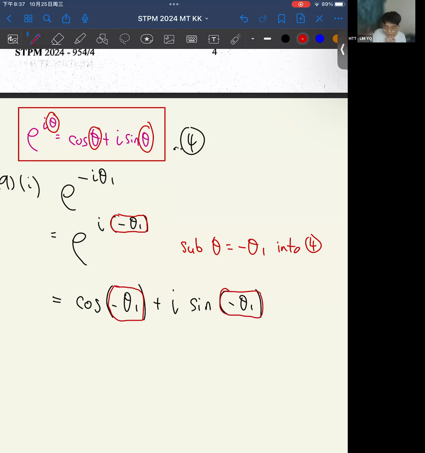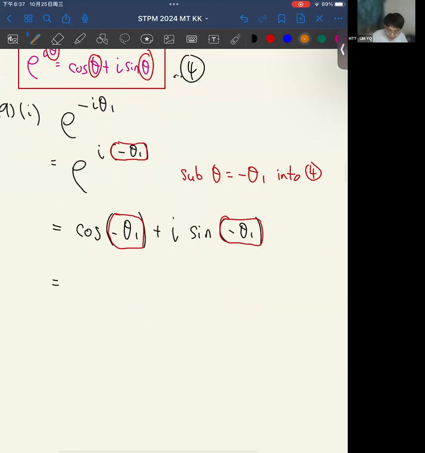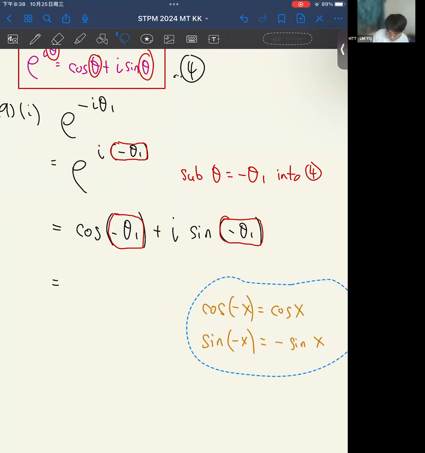Now you want to show the original one, but you know from the identity, cos negative x equals cos x for any x. And also sine negative x, this one is different, equals negative sine x. These are two identities from trigonometry. So you may state these two identities, you will use them.